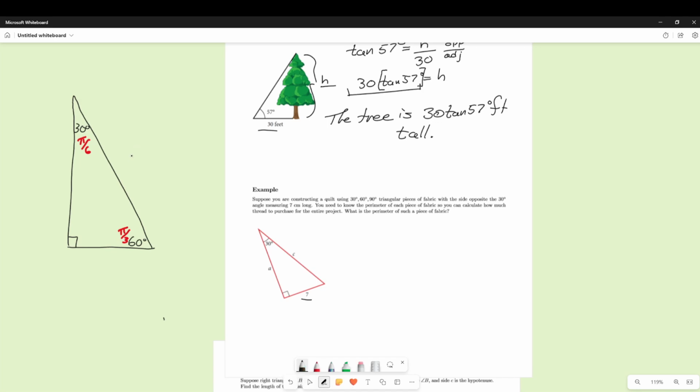And we determined if this was 1, that was 1/2, and this was the square root of 3 over 2. I said knowing these triangles is going to be super handy. Here's one of the points where it's super handy. So we know those ratios have to be fixed. So if this side length is 7, as it is in our problem, then that 7 is half of whatever this is. So this has to be 14.